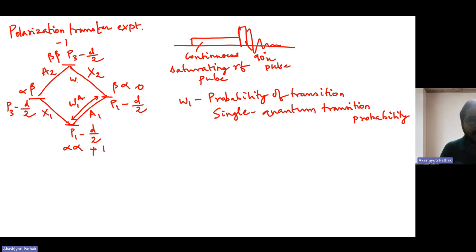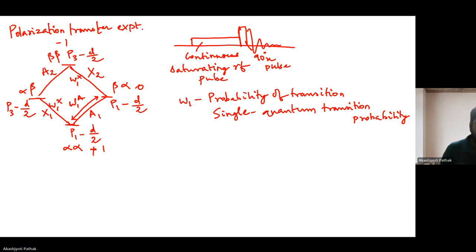So here also we call it single quantum transition probability. And since the transition is seen in the X nucleus, in the superscript we write X. Similarly, alpha alpha to alpha beta is also a single quantum transition, and it is denoted by W1 because the second alpha is changing to the second beta. So this is omega 1 X.